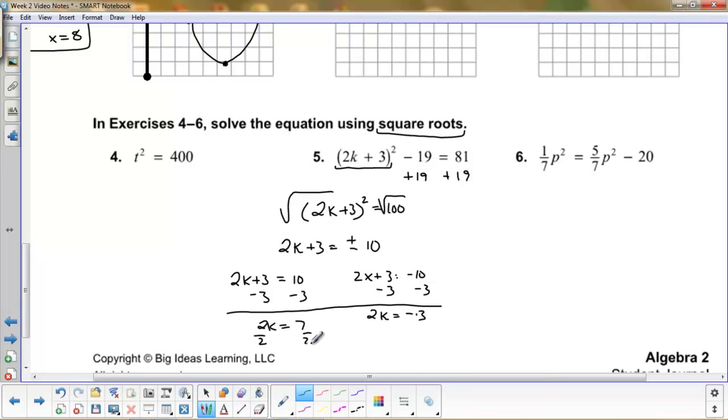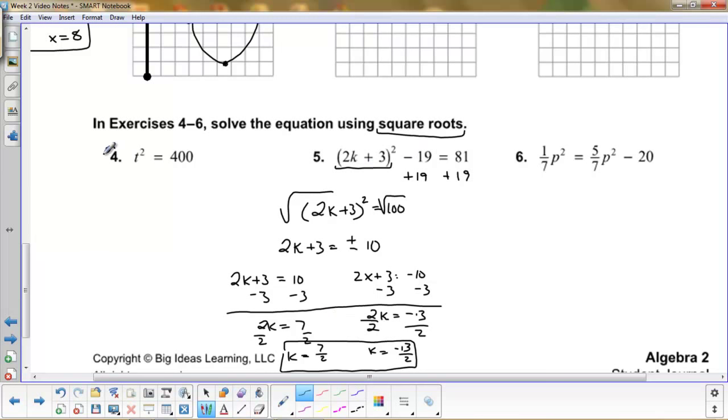Divide both sides by 2, and I get k equals 7 halves, and k equals negative 13 halves. Box your final answer, especially since we have so much algebra going here. We want to be clear where our solution is, and that is how you solve by using square roots.